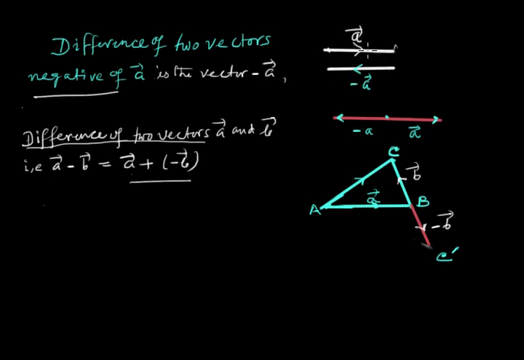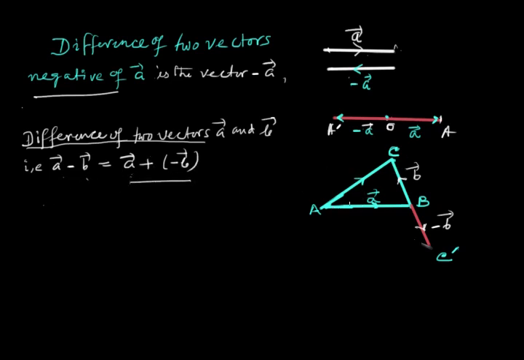This is our A and this is minus A. Or you take this point as O, so from O to A, OA is vector A, and then OA dash is minus vector A. So the difference of two vectors A and B, A minus B, is equal to A plus minus B.